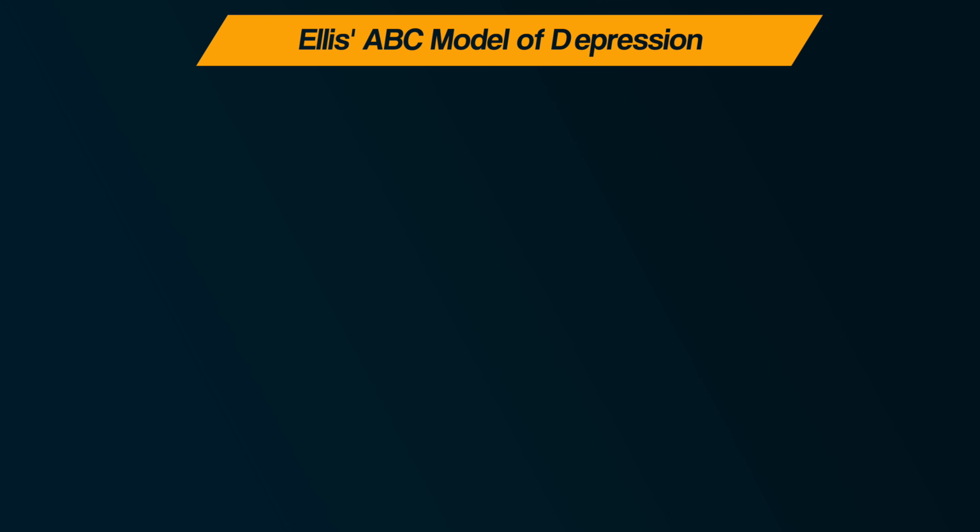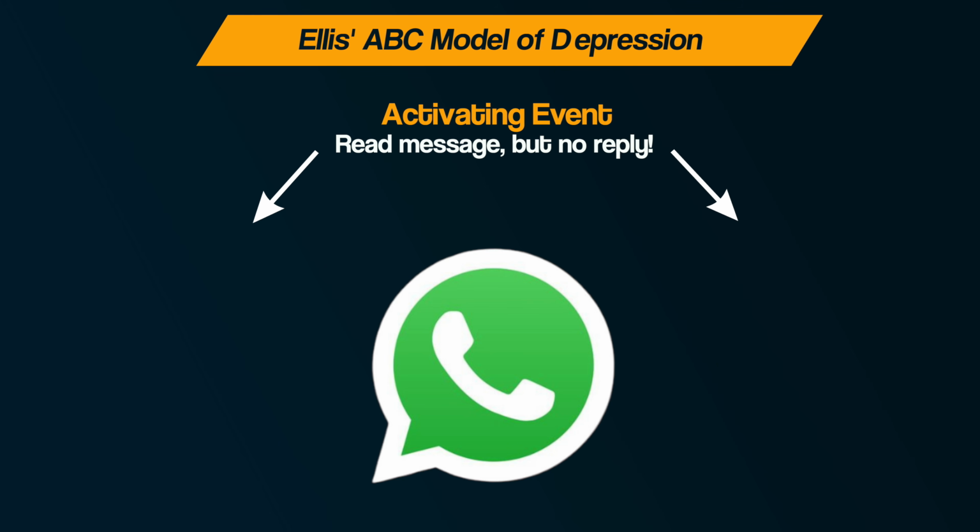Next is Albert Ellis's ABC model, which explains depression by focusing on how irrational thoughts influence emotions and behavior. The model consists of an activating event, which is a situation like not receiving a reply to a text message.